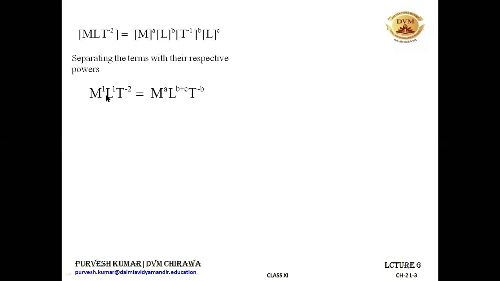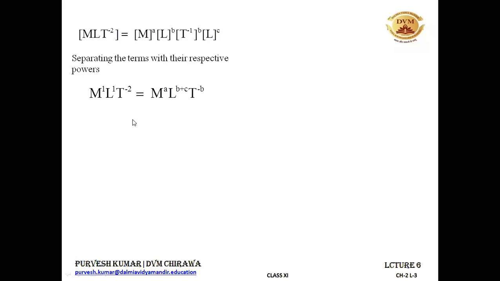Similarly, towards the left hand side L is having power 1, and towards the right hand side L is having power b plus c. So I should be writing b plus c should be equal to 1, because the powers have to be same on both the sides. And minus b is the power of T towards the right hand side, and minus 2 is the power of T towards the left hand side. So while comparing these two, I can write minus b is equal to minus 2.